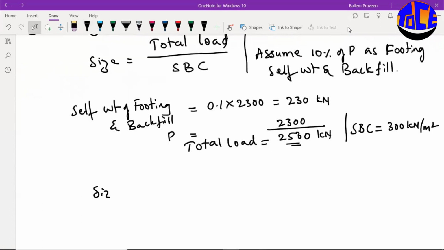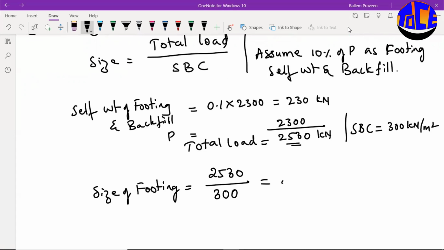The total load is 2530 divided by the soil bearing capacity 300, so it will be around 8.44 meter square.